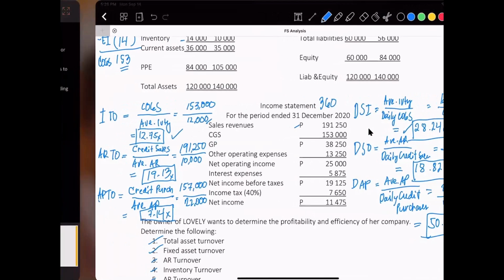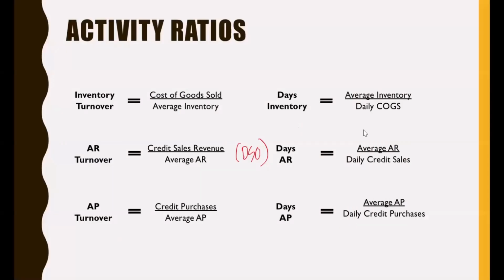Okay, ito lang, no? For activity ito sa current assets summary. So for current assets, we would want to move things quickly. Okay? And therefore, for turnover, gusto natin mas maraming turnover.